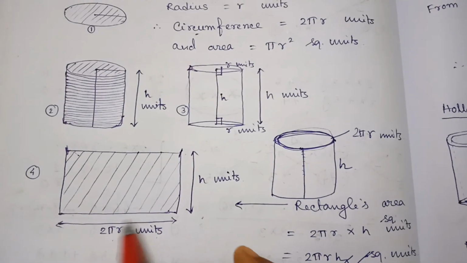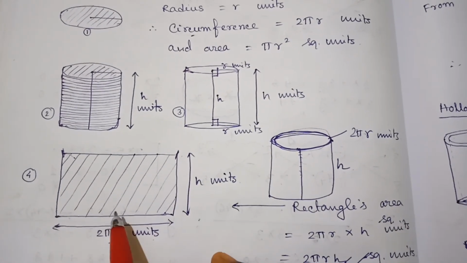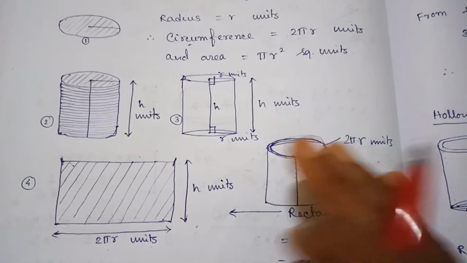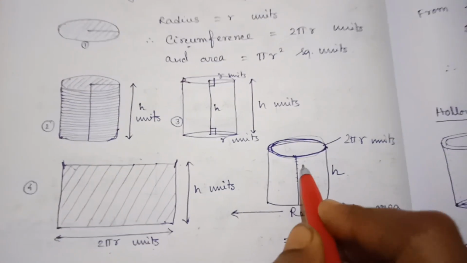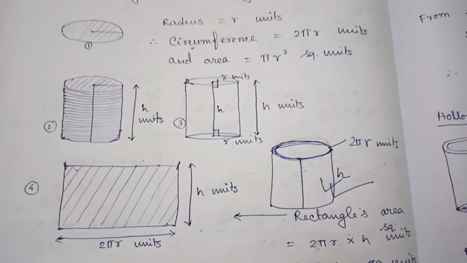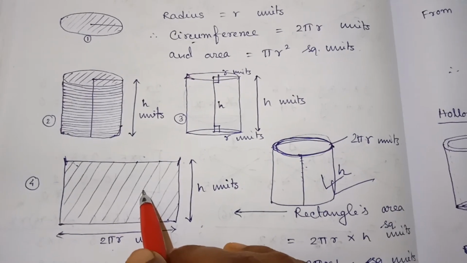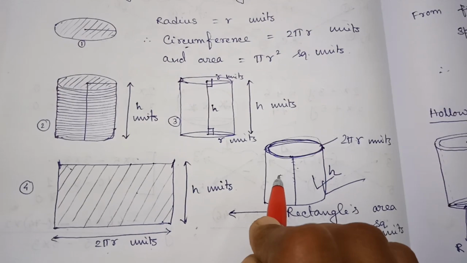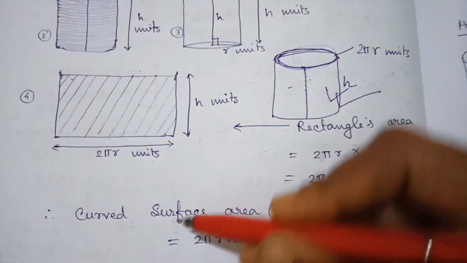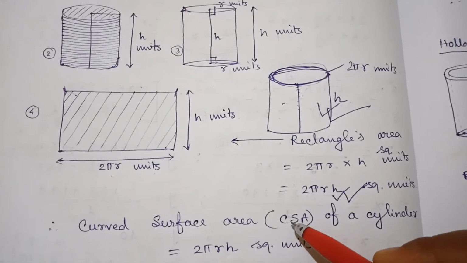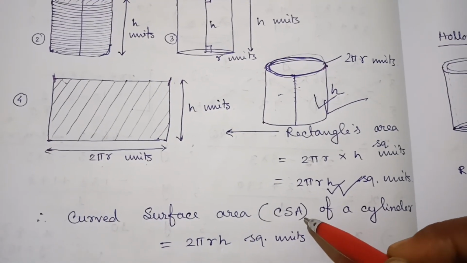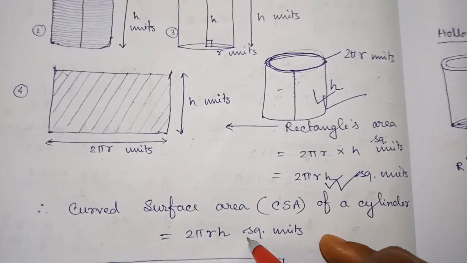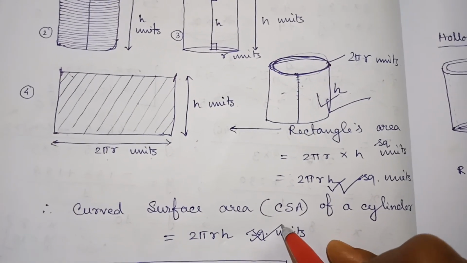Now this particular rectangular paper's area becomes the curved surface part, or the rolled surface part, of this cylinder. That means the paper's area will be equal to the curved surface area of this cylinder. So curved surface area, which can be written in short form as CSA of a cylinder, is equal to 2 pi rh square units.